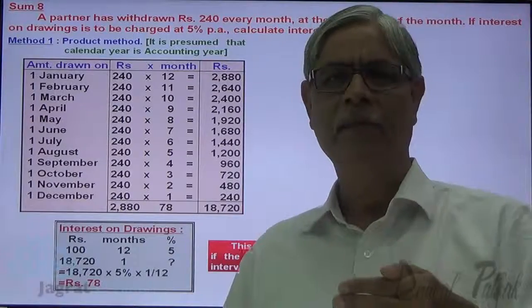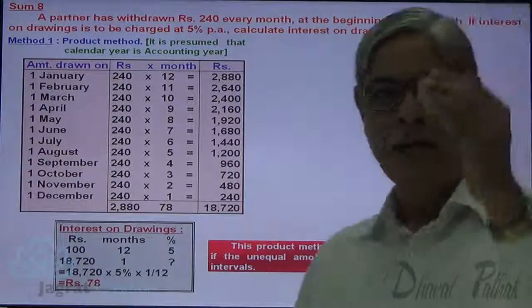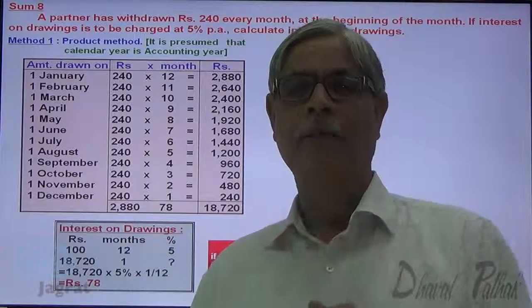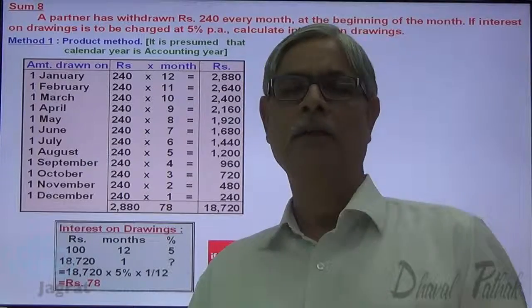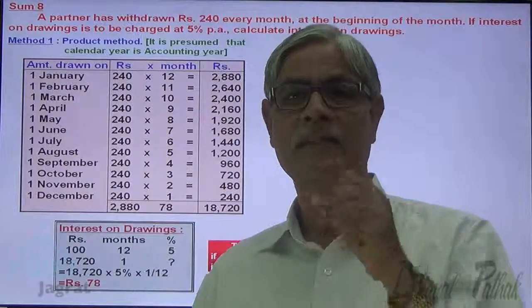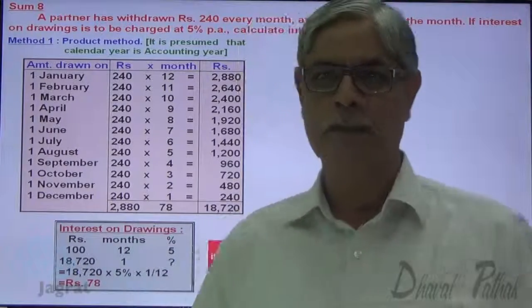In this way, the time period intervals are also uneven till the end of the year. Then also you can apply the product method. So that's why this product method is the basic method for calculating interest on drawings.